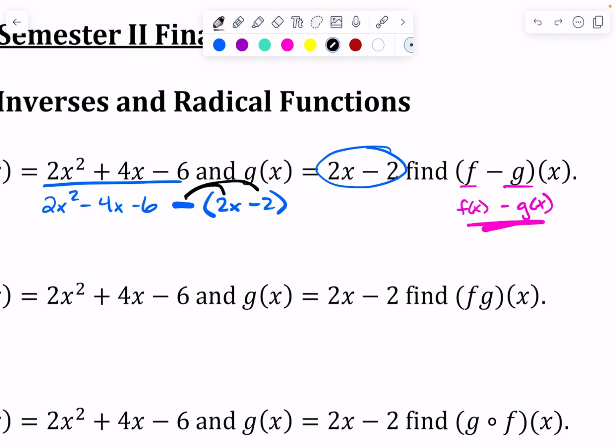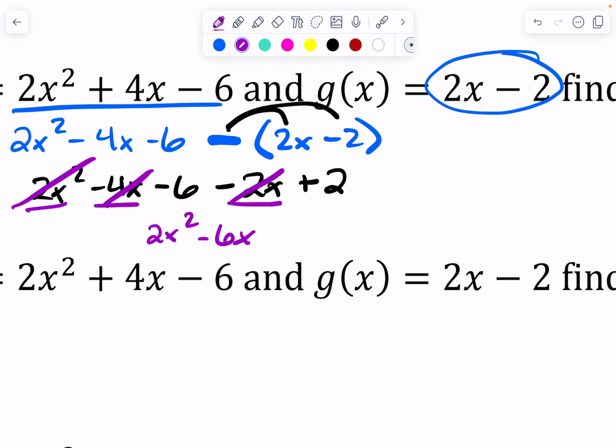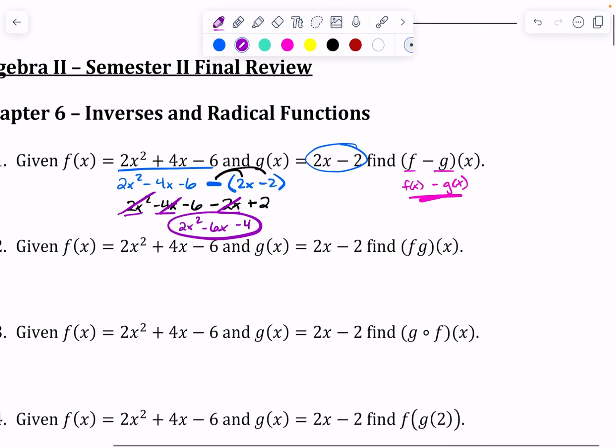But this should end up being minus 2x plus 2, because minus negative 2, right? 2x squared minus 4x minus 6. And now I'm just going to combine like terms and call it good, right? 2x squared, he's going to come first. All right, I can combine the negative 4x minus 2x, that's minus 6x. And then minus 6 plus 2 is minus 4. And that is what f minus g is, okay? That function.